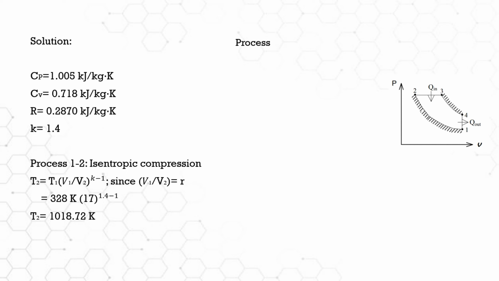In process 2 to 3, pressure is constant heat addition, so we use the equation pressure at state 3 multiplied to volume at state 3 over temperature at state 3 is equals to pressure at state 2 multiplied to volume at state 2 over temperature at state 2. Since we are going to solve for our temperature at state 3, we rearrange the formula.